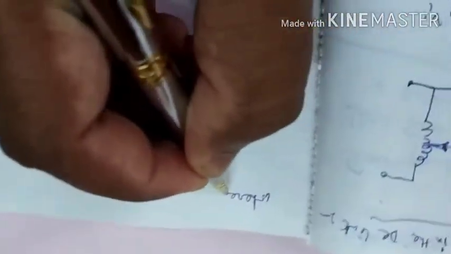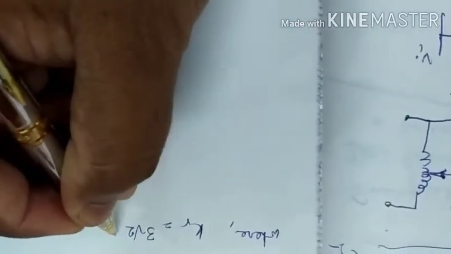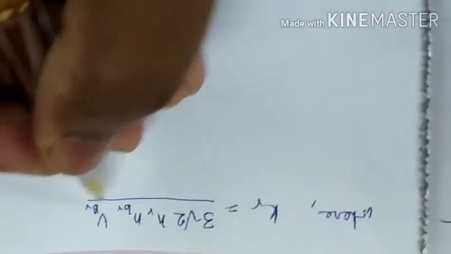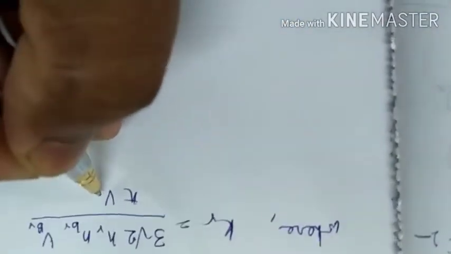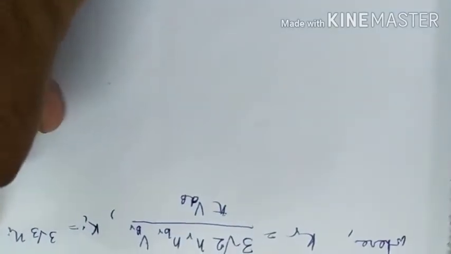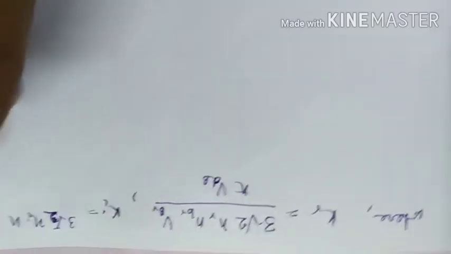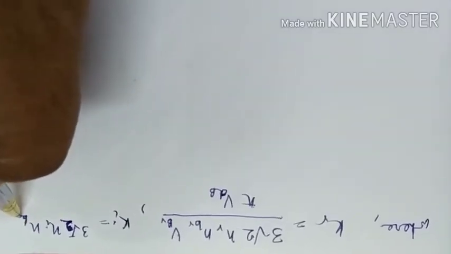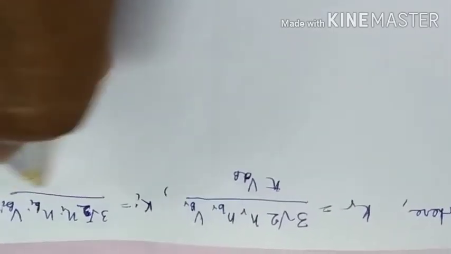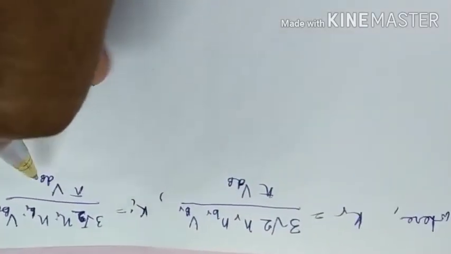The values of KR and KI are as follows. KR will be 3 root 2 NBR VBR by pi VDB. Similarly KI will be 3 root 2 NBI VBI divided by pi VDB.